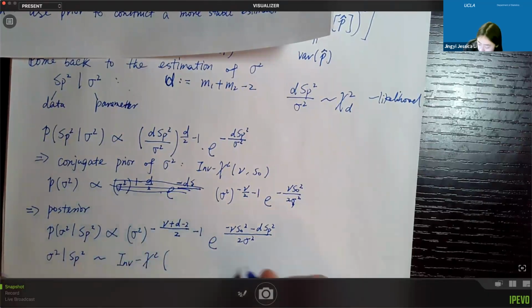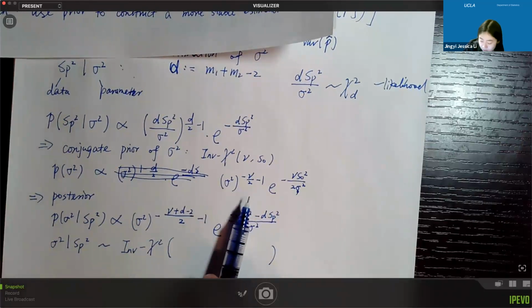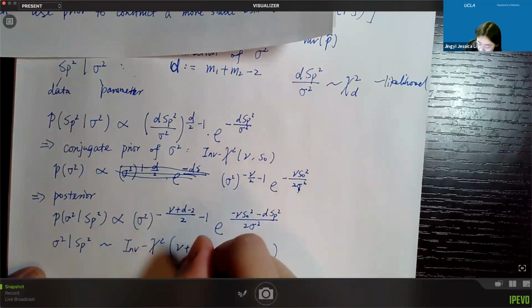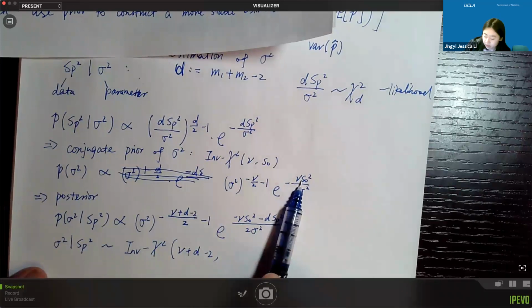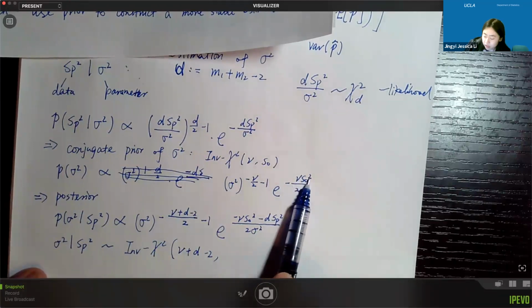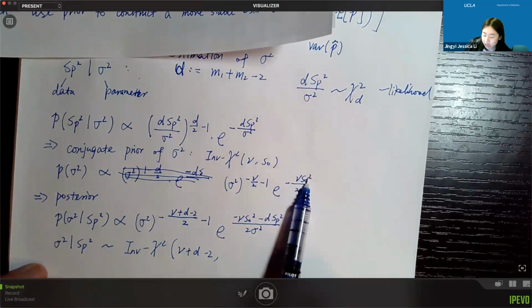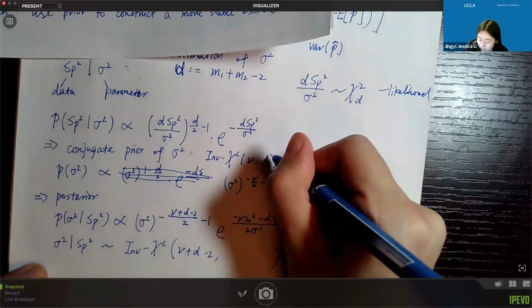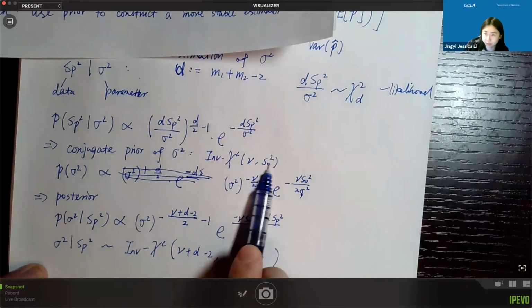You want to recognize then what is the first parameter and what is the second parameter of this new inverse gamma. So clearly the first parameter, I get it here, right? It's nu plus d minus 2. That's the first parameter. And from the prior, I know the numerator in the exponential term, ignoring the negative sign, is just the product of the first parameter and the second parameter.